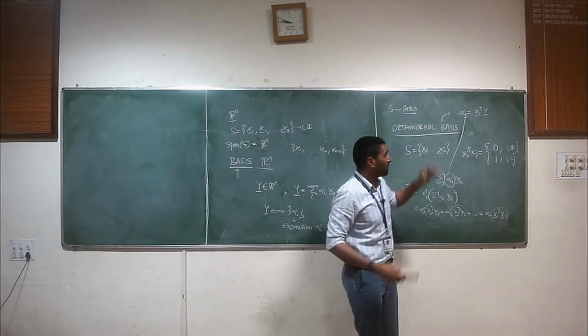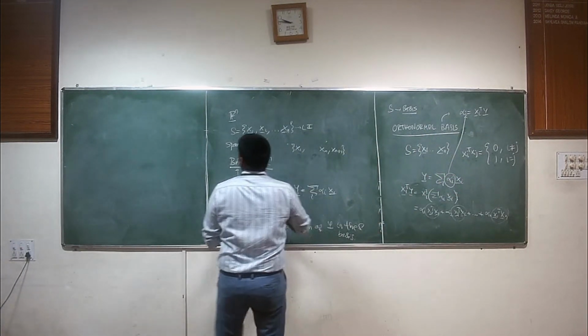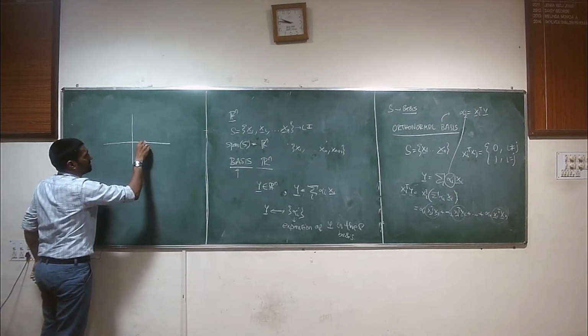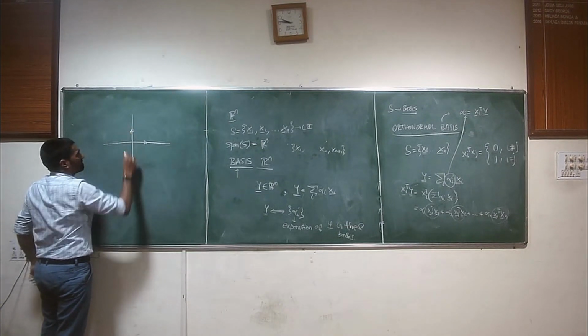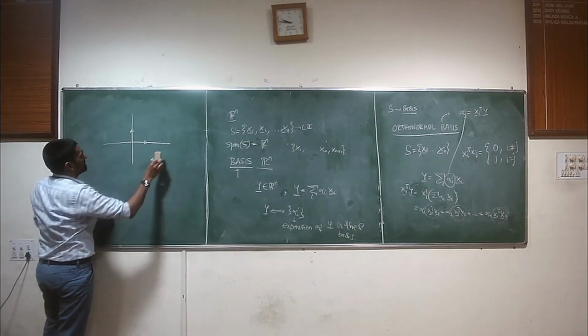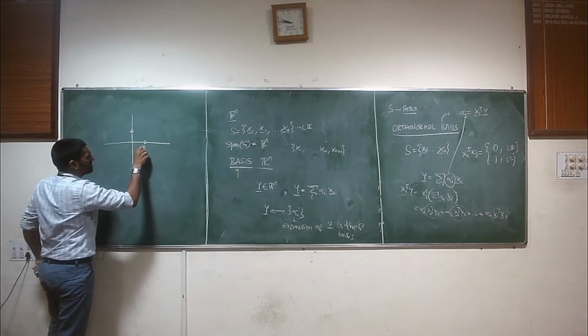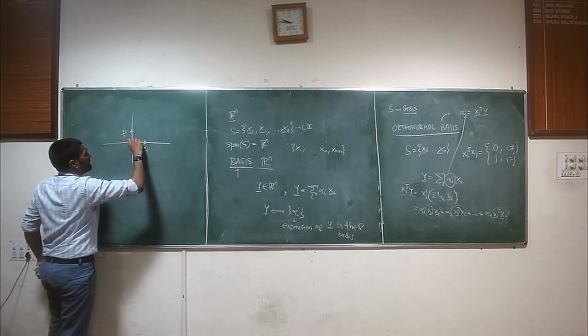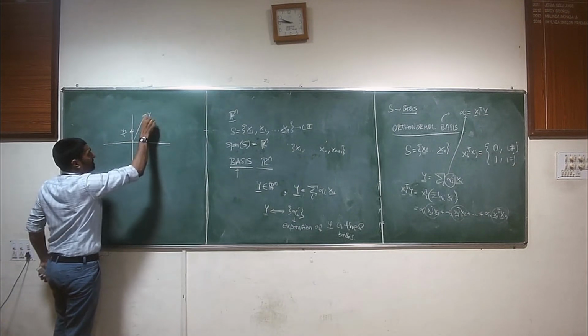If you don't have it, for example, here, if you have again R2, let's say this is my x1, this is my x2, and I have an arbitrary vector y.